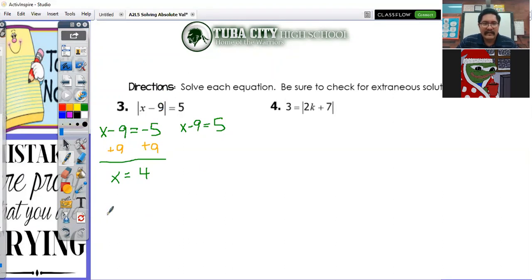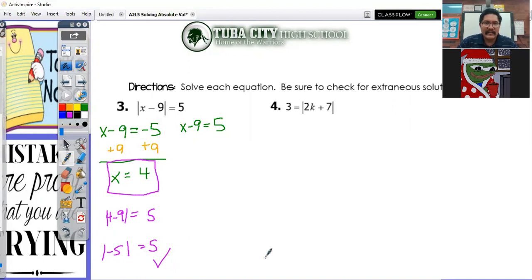Like 4 minus 9, absolute value, equals 5. So 4 minus 9 is negative 5, and the absolute value of negative 5 is 5. So this works out. That is a true solution.